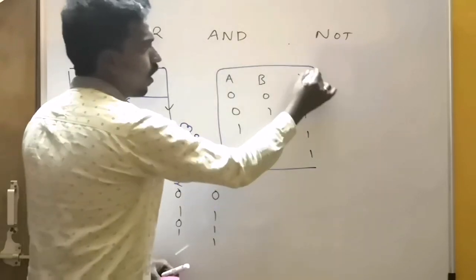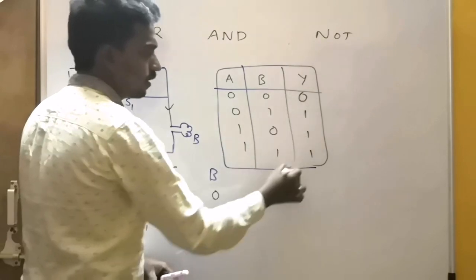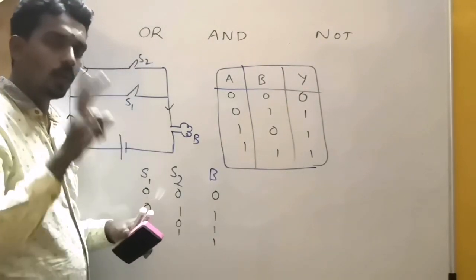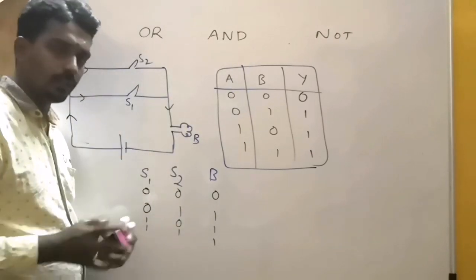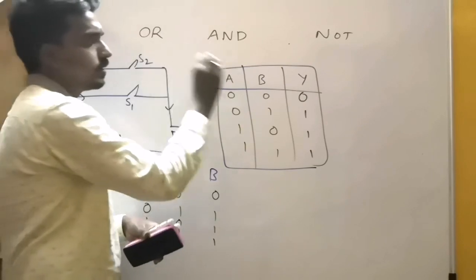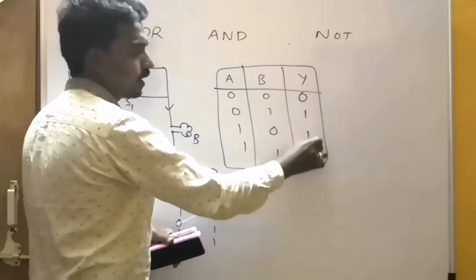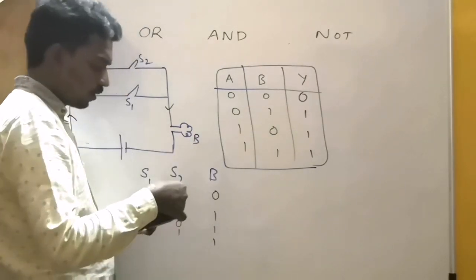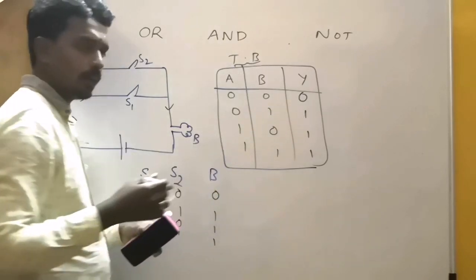That means the OR gate is a kind of gate where you get no output only when both inputs are 0. Except that, in every case you can get the output. So this is called a truth table.